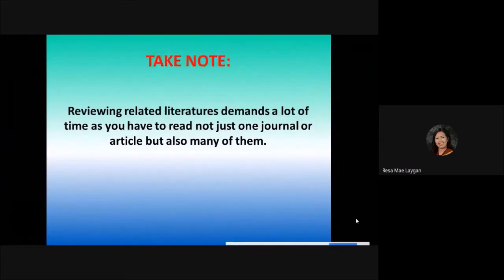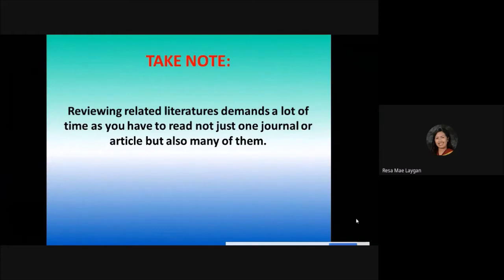So take note that reviewing related literatures demands a lot of time as you have to read not just one journal or article, but many of them. In research, you don't need to have your opinion, so you need facts, and those facts will be gathered from the review of related literature.